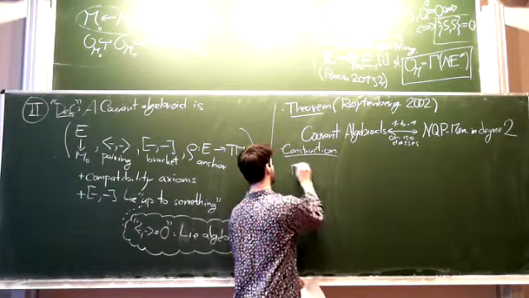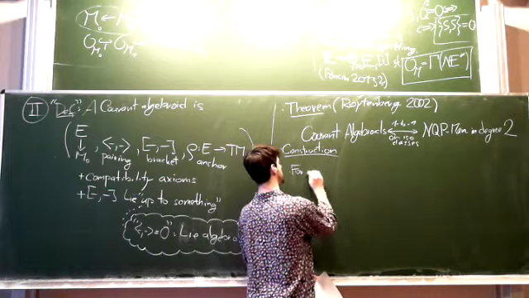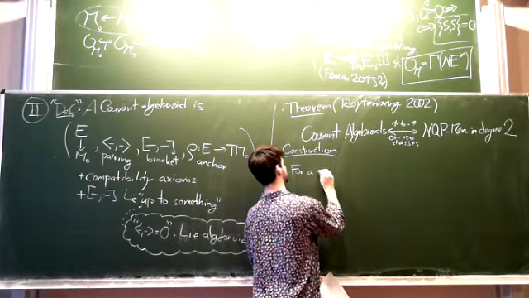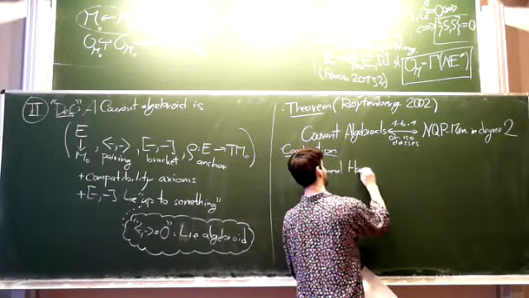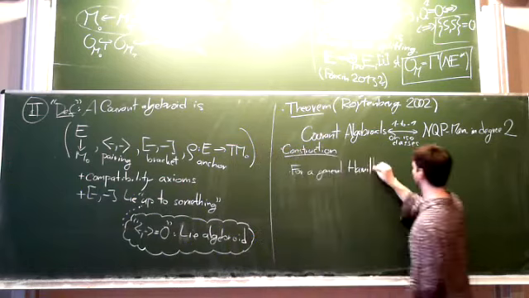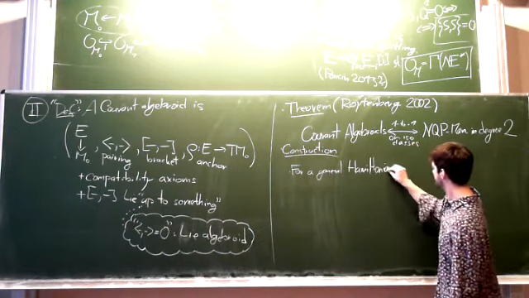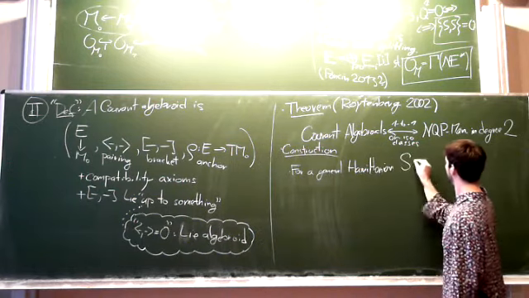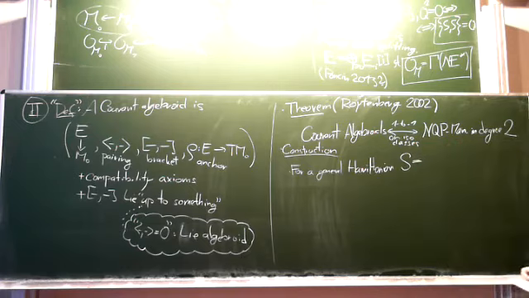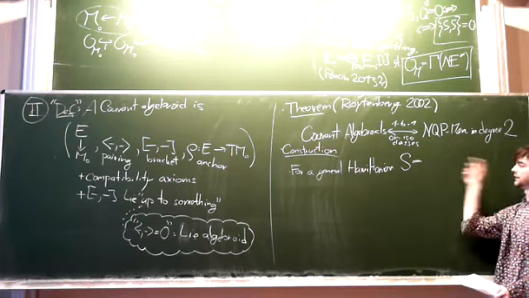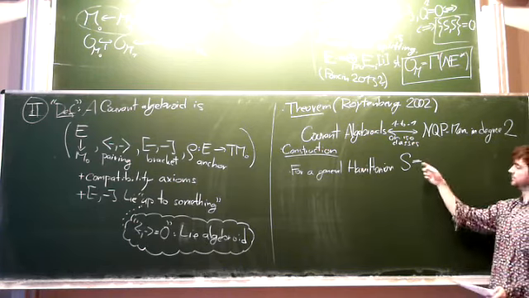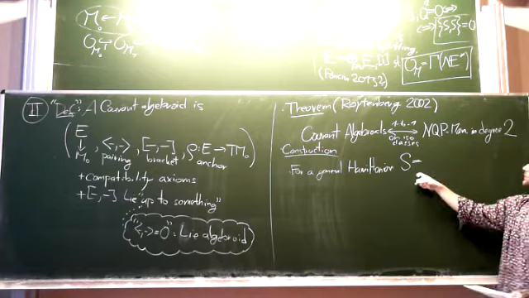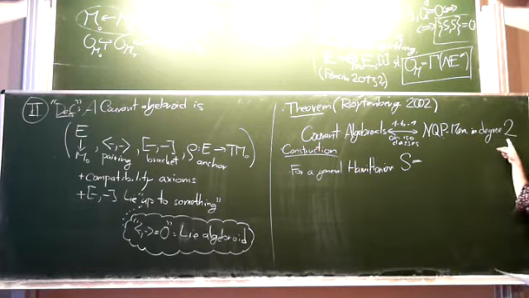A general Hamiltonian S mostly looks like this, given we are in an NQP manifold of degree 2.